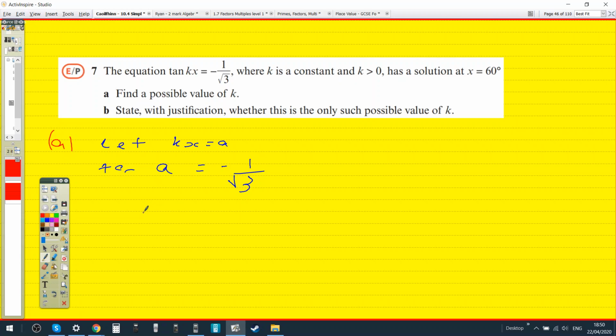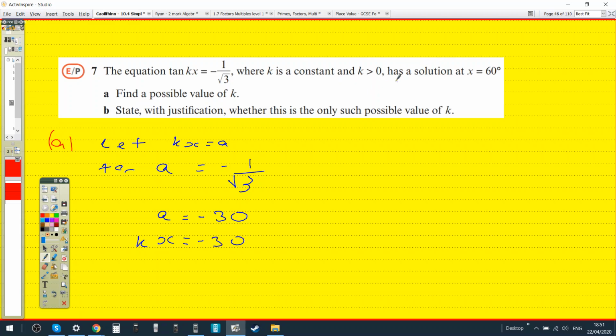Which gives us minus 30, and then because it's tan, we don't need to find another value. Just one. Okay. So now minus 30, and then we change it back to kx equals minus 30.